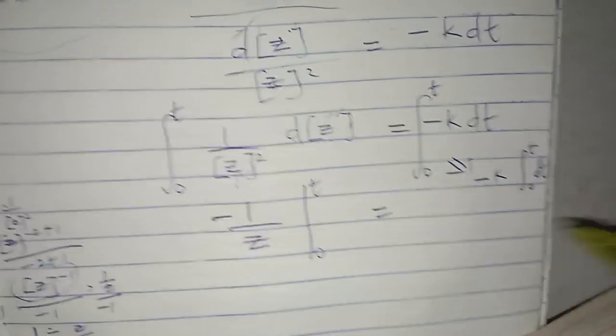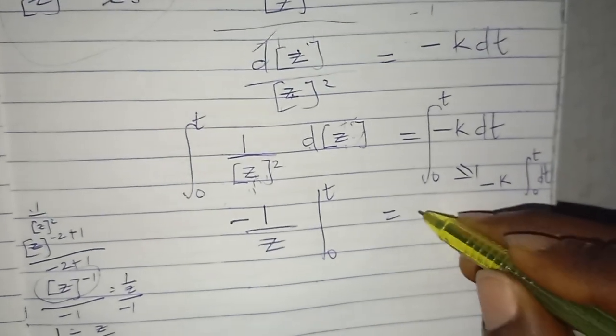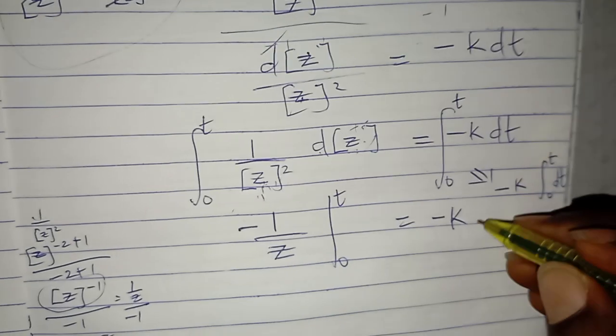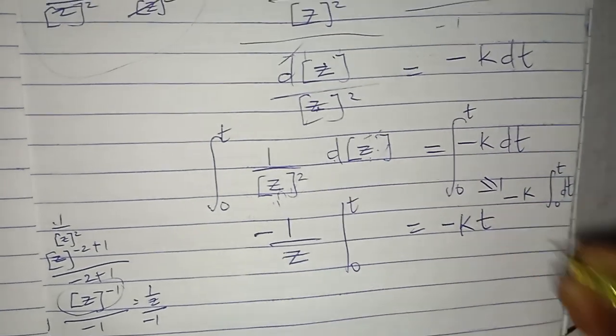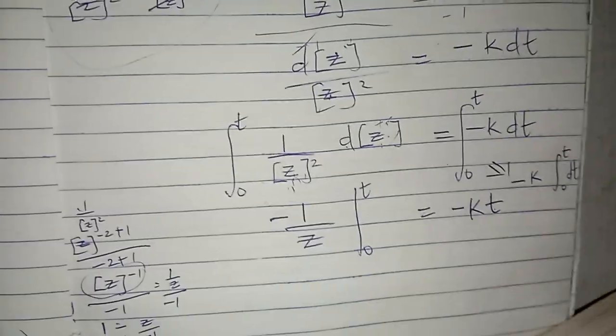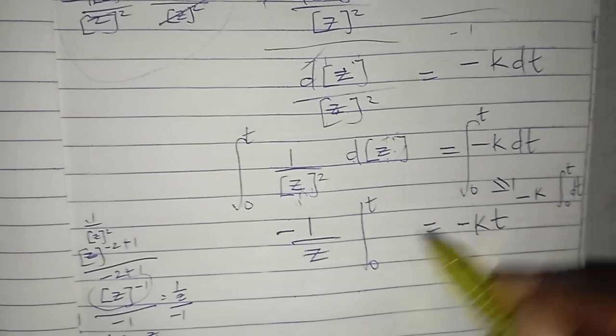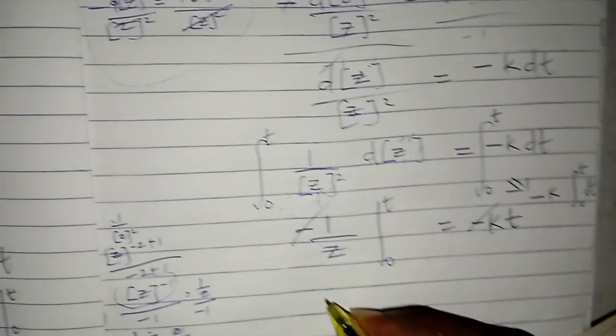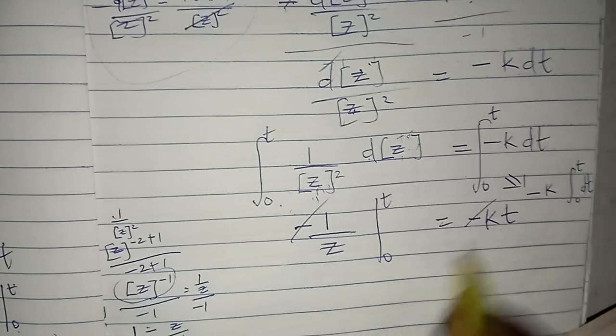Now that I have this, if I do the integral, it's going to be the same thing as saying minus. In fact, when you are doing integration of rate law, just know that the right answer will always give you minus kt if you do things well. So notice that I have minus here, I have minus here, minus cancel minus. So I have 1 over z then equals to kt.